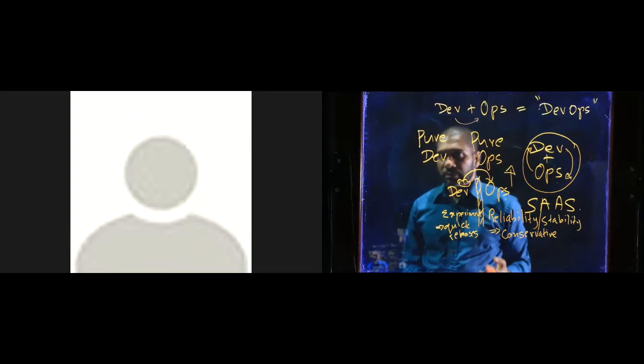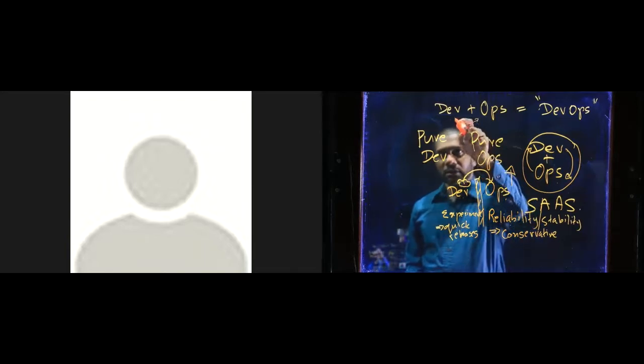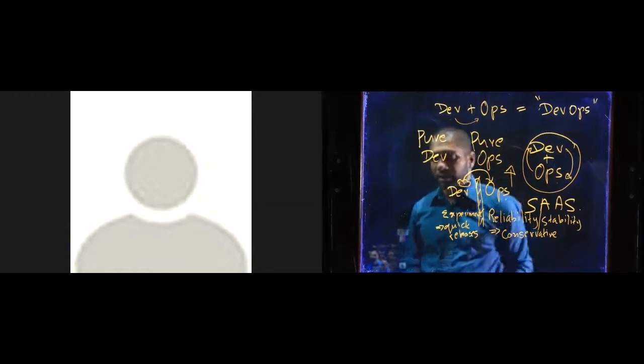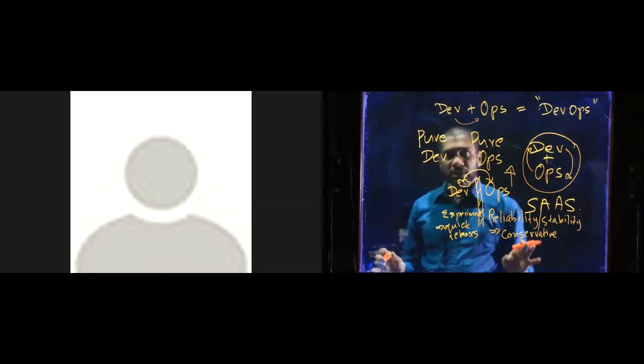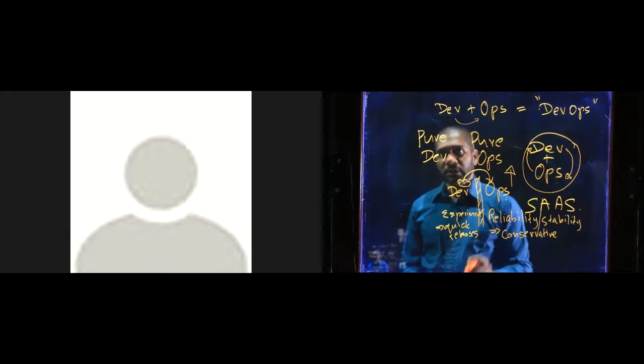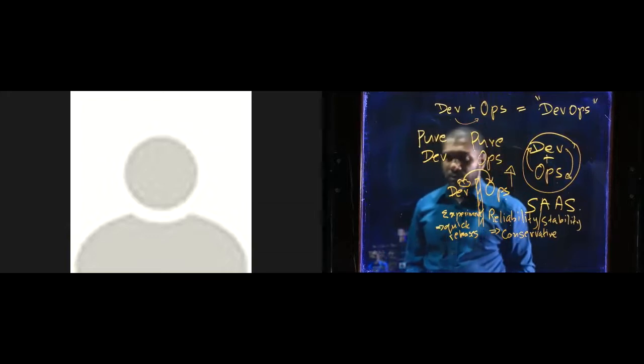If something breaks, typically, the development team in the past, when they had this model where they throw the software over the wall to the operations team, they were not responsible. The operations team has to be on call and handle any problems. But now the development team is also involved in operations.